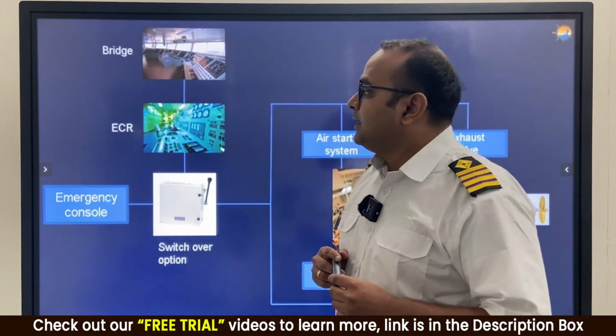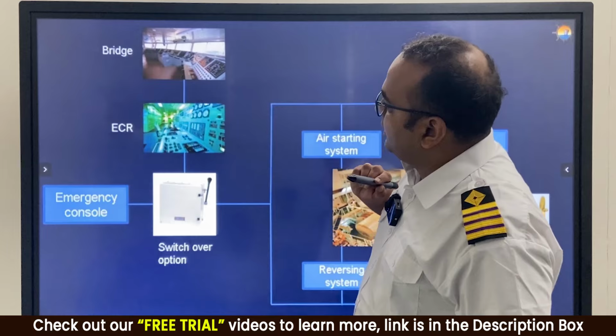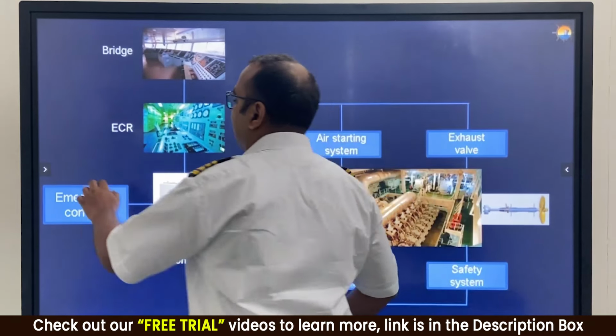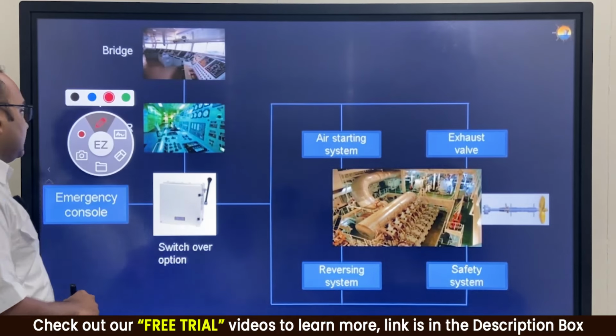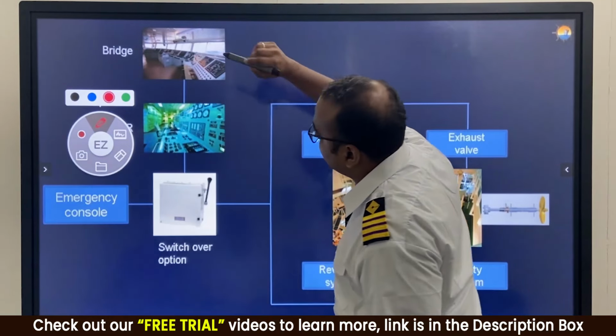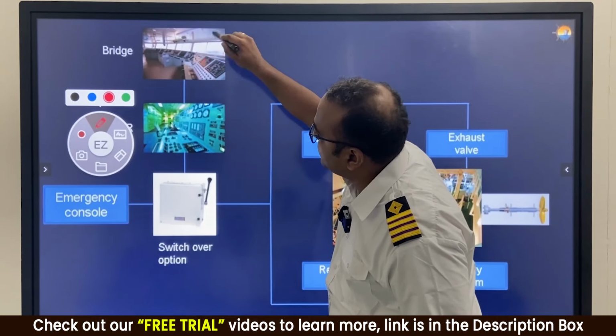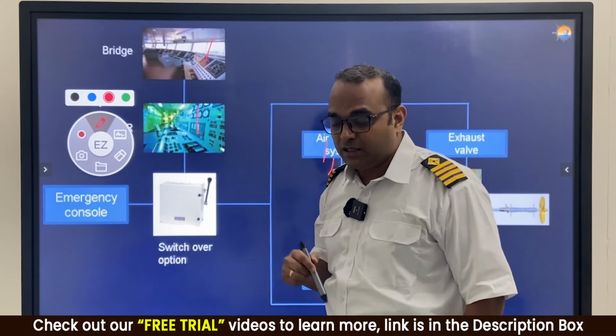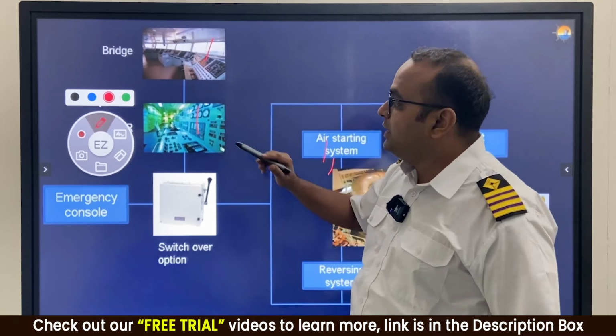Very nice. You see, I have shown you this as inline. You want to say if somebody has given a command from the bridge as ahead and a command from the ECR as astern. First of all, it is not possible.